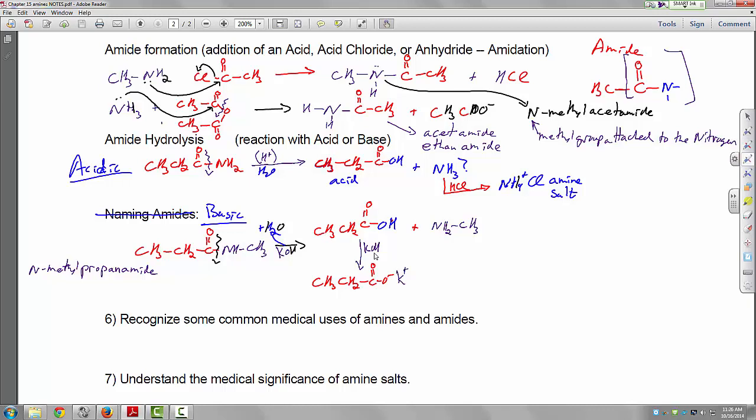So we get the carboxylate salt. All right, so then, under acidic conditions, we break this amide, we get the carboxylic acid and the amine salt. Under basic conditions, we'll get the amine, right, and the carboxylate salt.